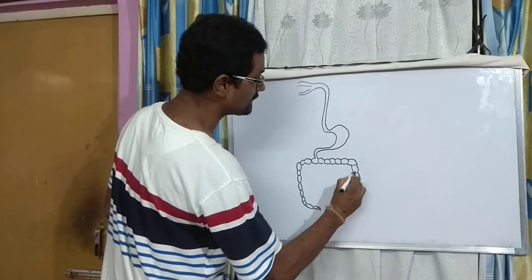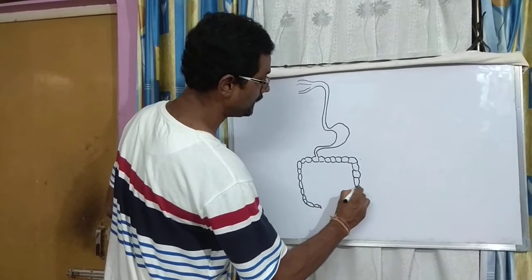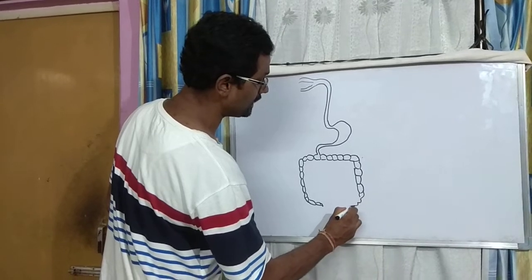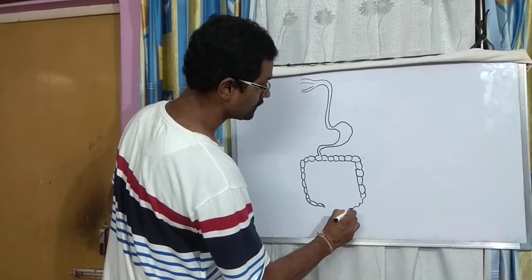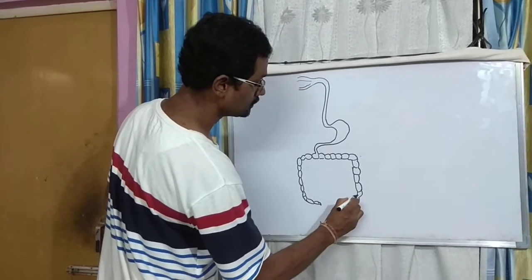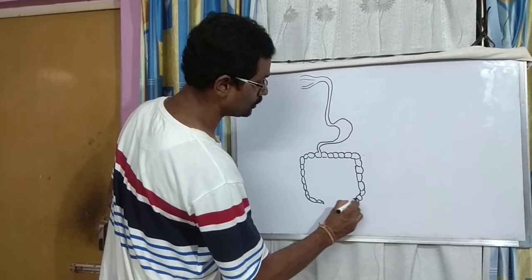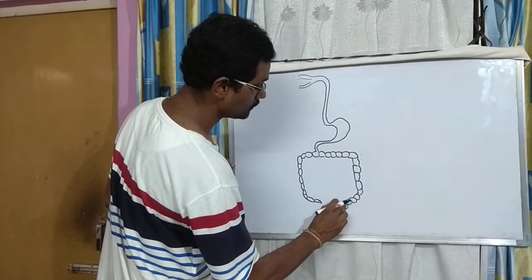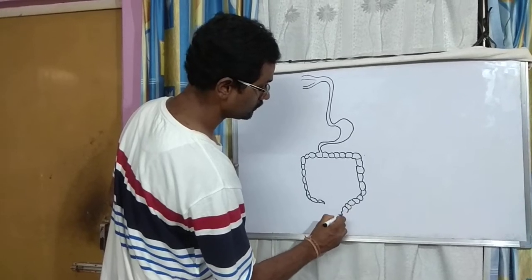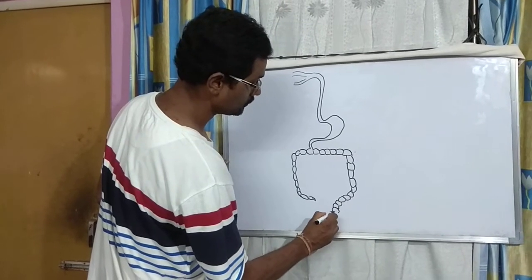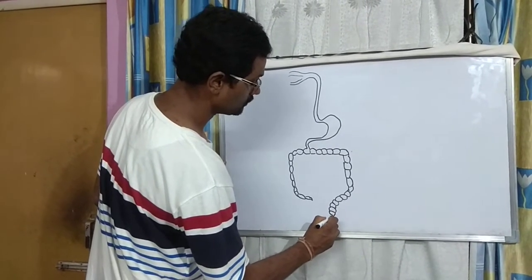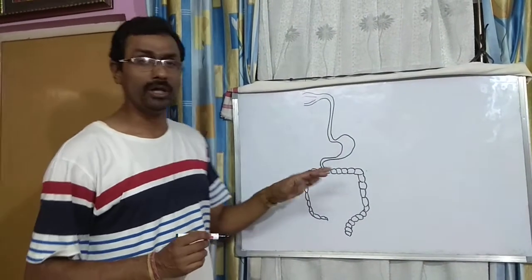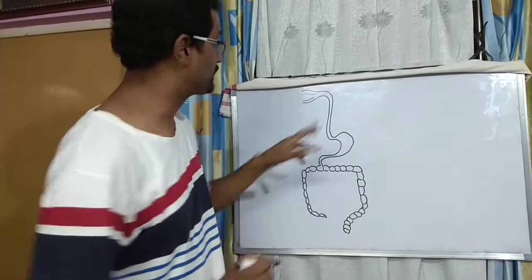So this is our alimentary canal, and this one that I am drawing right now is the large intestine. Whatever we have done, we'll be going very quickly along with the diagram.